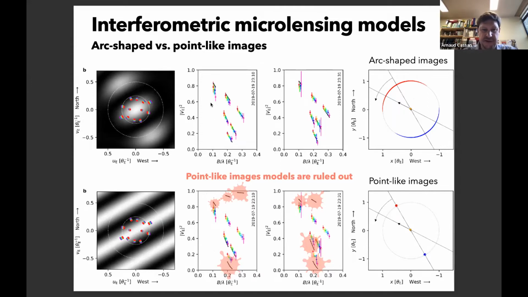On the middle plot, you see the data of, I don't remember which, maybe one of the epochs only, but for example, yes, it's written here, 19th of July, and on 19th of July, we actually got two sets of data. So that's why you see these two plots. And in the meantime, the lens has moved a bit, so it's not exactly the same. You see, even if it's quite close.